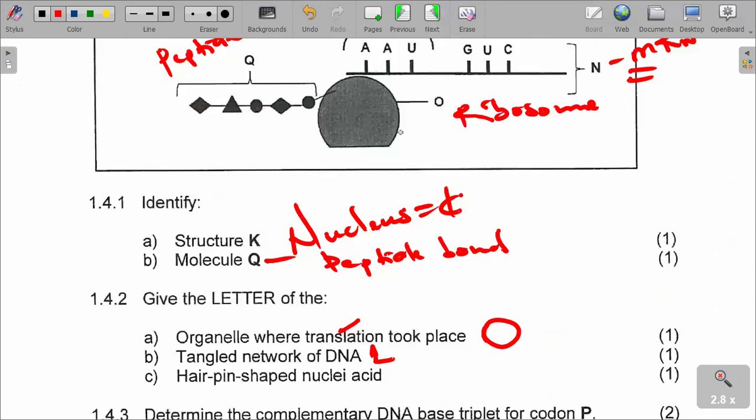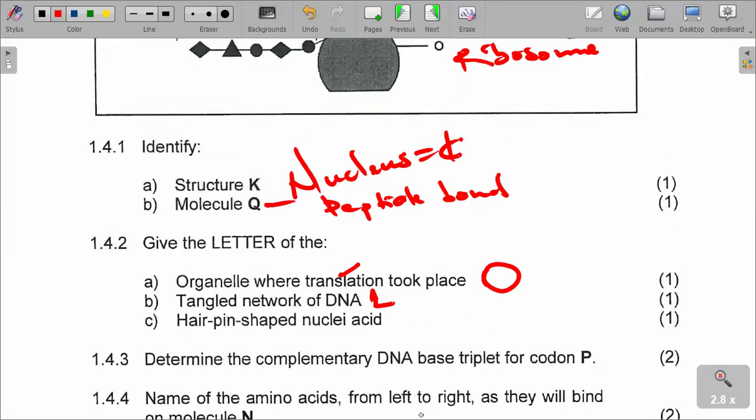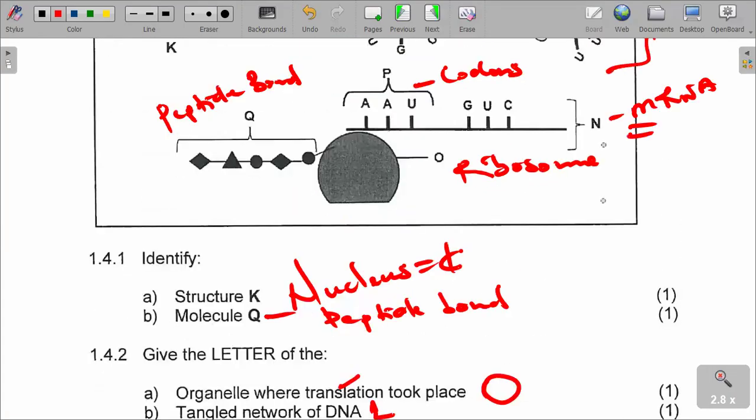And then a hairpin-shaped nucleic acid. We need to understand that this is our tRNA. tRNA is the one that looks like the shape of a hairpin.